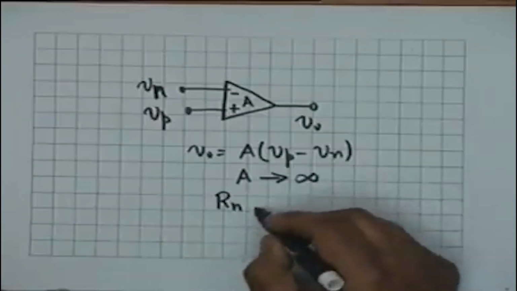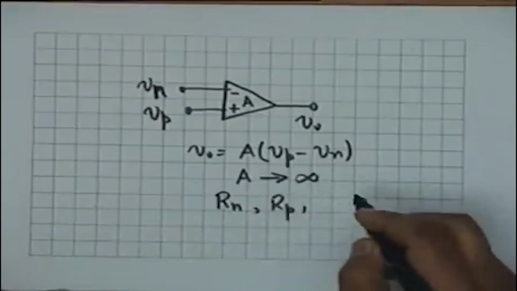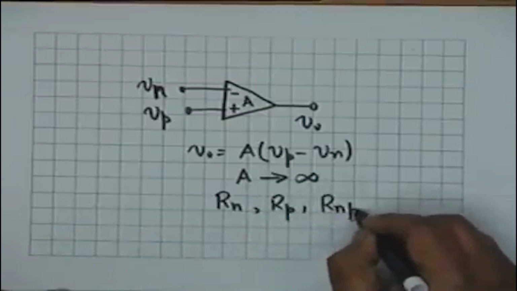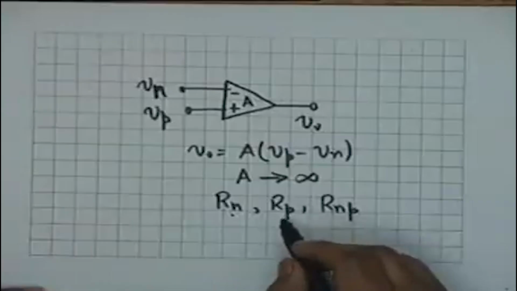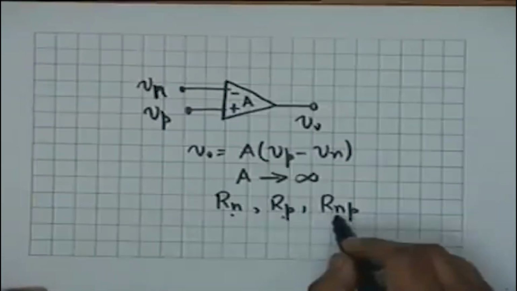Rn, Rp and Rnp respectively denote the input resistance looking into the inverting terminal, the input resistance looking into the non-inverting terminal, and the input resistance looking between the inverting and the non-inverting terminals.